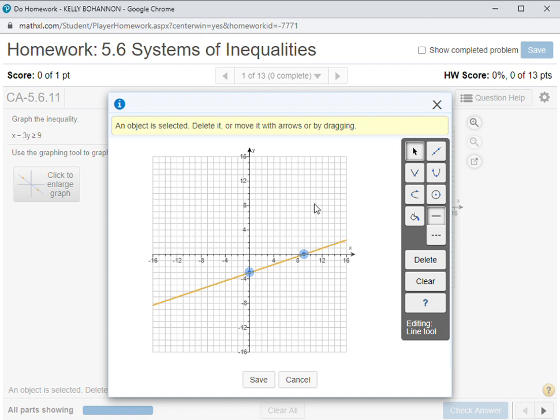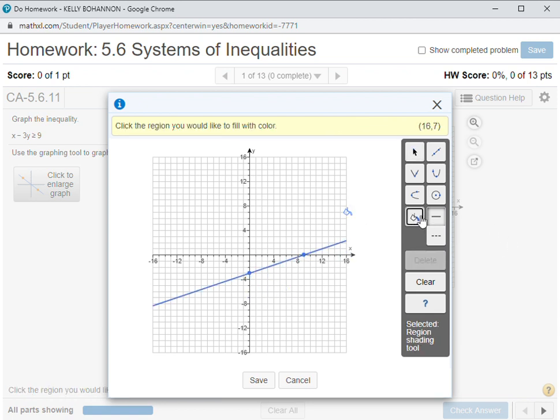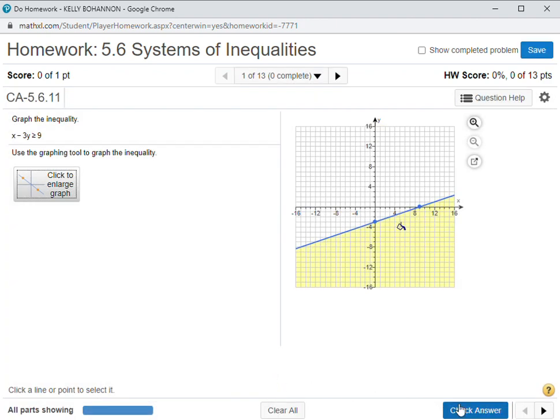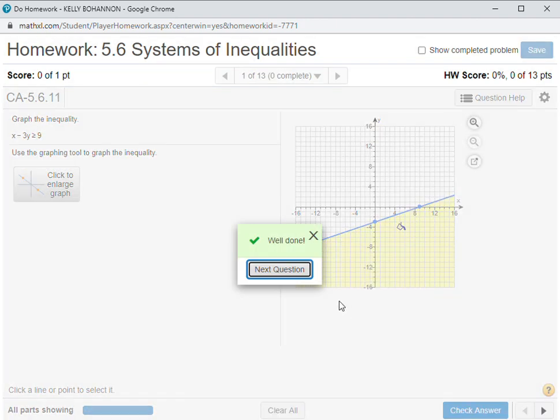Well, is 0 greater than or equal to 9? No, which means 0 is not a solution, so I'm not going to shade towards 0. I'm going to shade the other direction. You just get your little paint bucket, click it, and it shades wherever you need. Then I just hit save and check enter. And that's it.